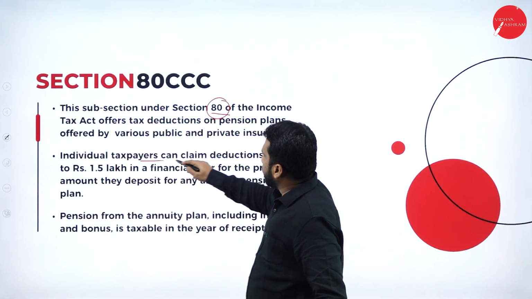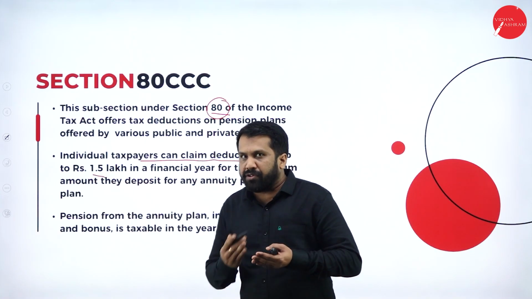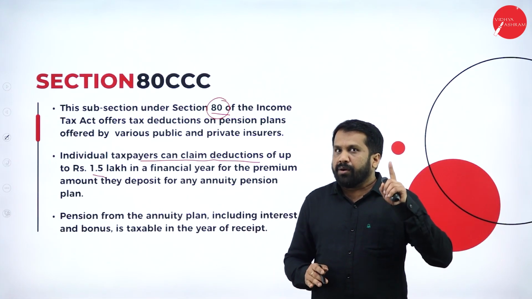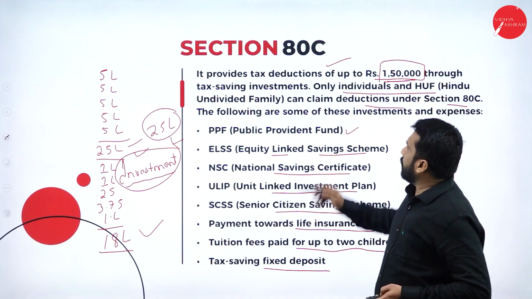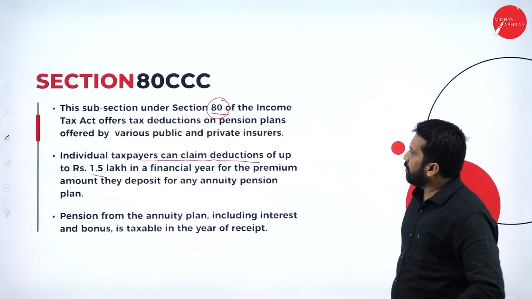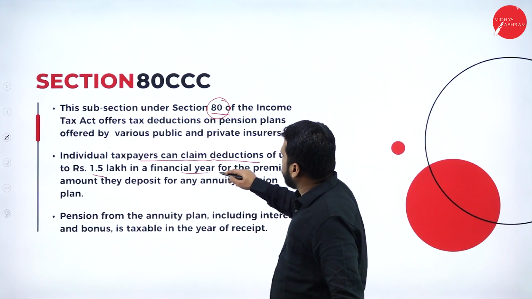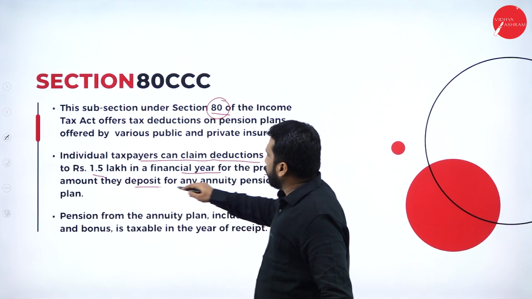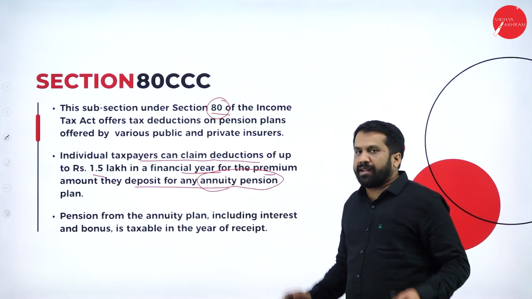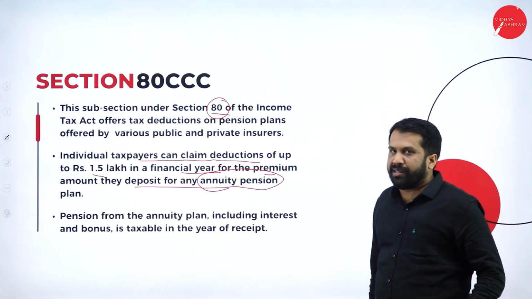In this, an individual taxpayer can claim deduction up to 1,50,000. The same 1,50,000, you cannot add 1.5 and 1.5 to make 3 lakh. It is not like that. Whatever is given under 80C, the 1,50,000, the same thing is applicable here also. Now, you can claim deduction up to 1,50,000 in the financial year for the premium amount deposited for any annuity pension. Pension under 80C will not come. Under 80CCC, pension will come.